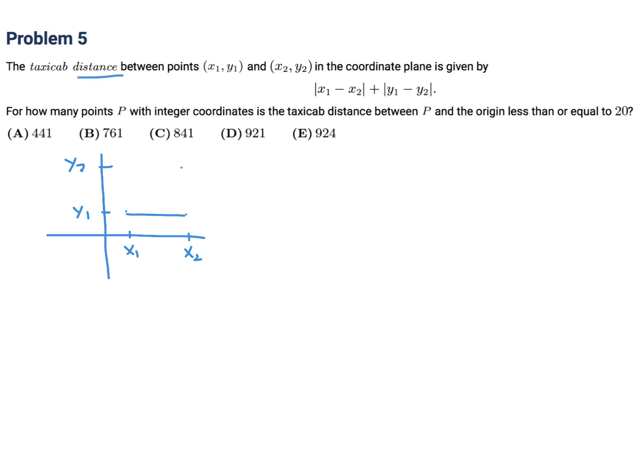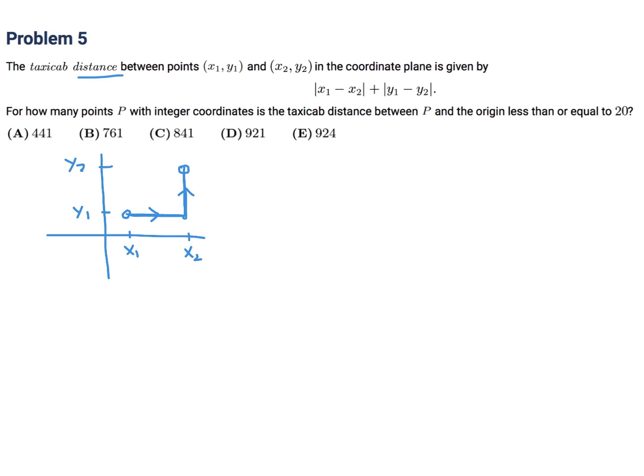And then again, you take the same y2 minus y1, and then you get the absolute value. So if we're starting here and we're ending there, it's basically the distance from here to there, and then the distance from there to there. So I guess like if you're driving in a taxi between 2 points that are connected by roads, I guess.